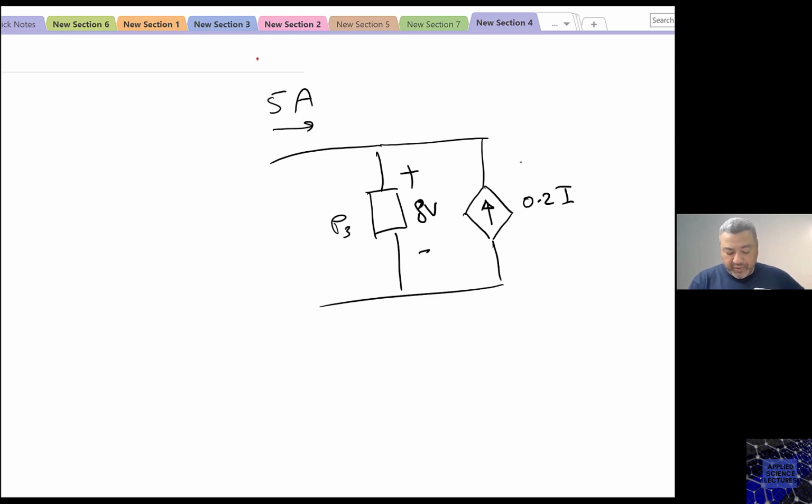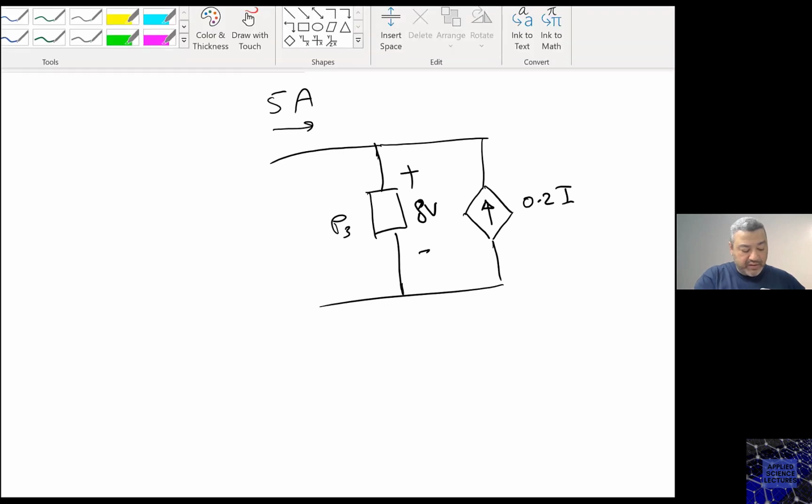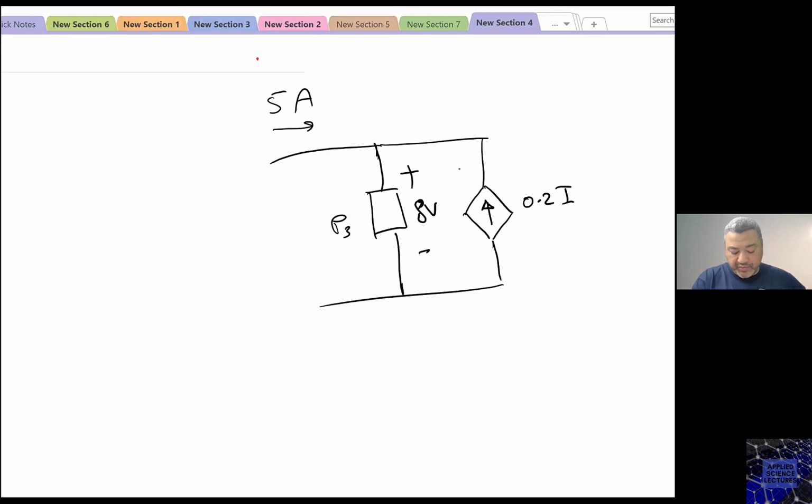Now, since both of them are in parallel, the current source and the P3 component share the same voltage drop. So I have here 8 volts as well. And remember, the current is going in this direction. My I2 here, that is 1 ampere, is going in this direction, which means it is entering the negative, leaving the positive.